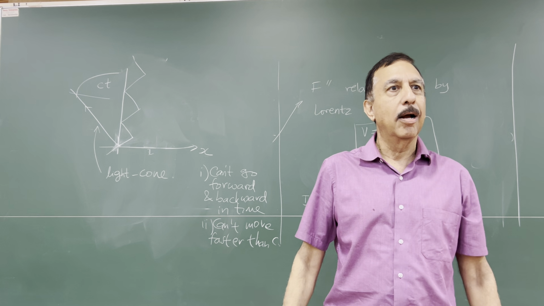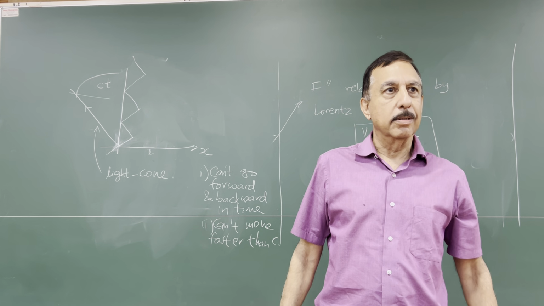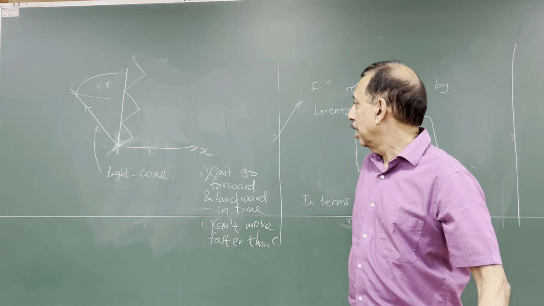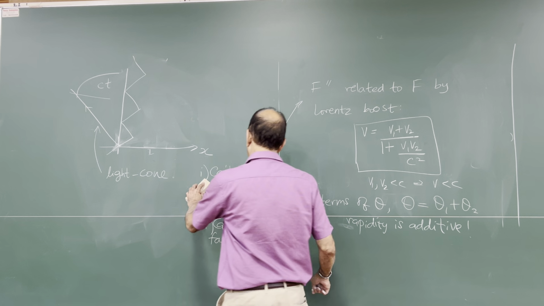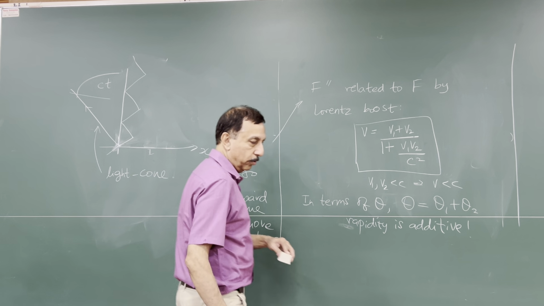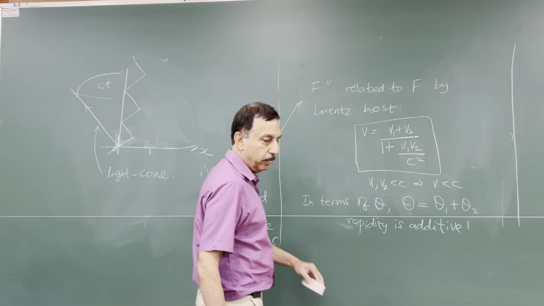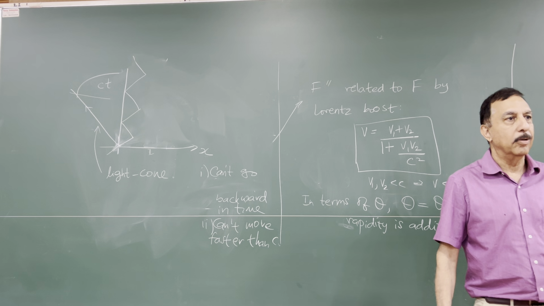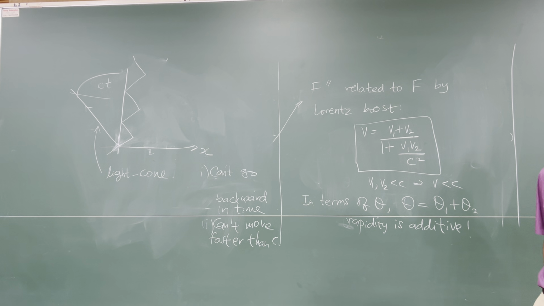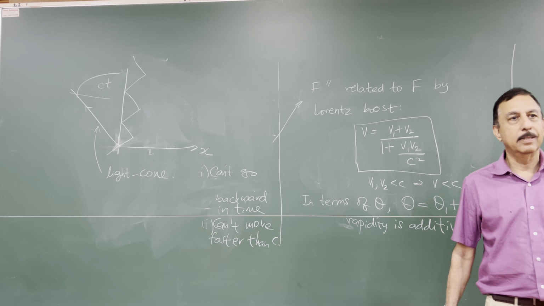But you can go forward in time, right? You cannot go backward in time. Yes, exactly. You said can't go forward and backward. Sorry, I just wrote something stupid. Thank you so much. That's what I wanted to write. I often write things different from what I'm thinking, but this is what I meant to say. Can't go backward in time, can't move faster than c.